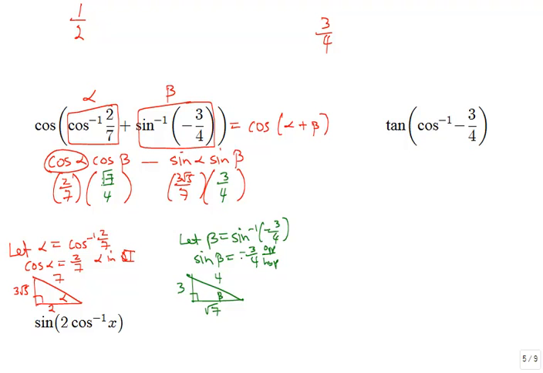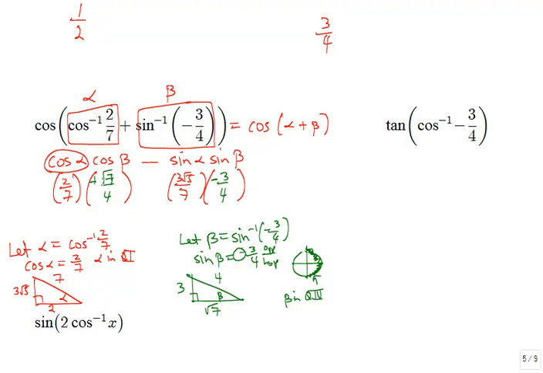Because sine of beta was -3/4, and with inverse sines you're only allowed to be between 0 and pi over 2 or -pi over 2 and 0, quadrants 1 or 4. Since this is negative, we're down here, in quadrant 4 for beta. In quadrant 4, sine is negative, but cosine is positive. So that's how I figure out my signs.